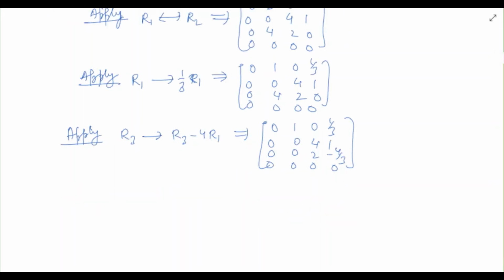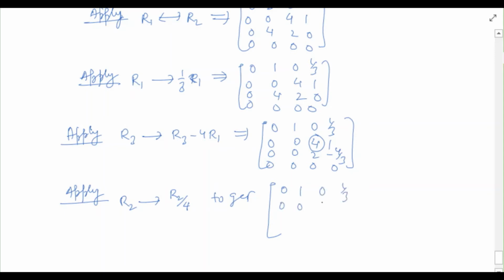Now we will focus on second row, and we see that the pivot element here is 4, so we apply R2 to R2 by 4 to get 0 1 0 1 by 3, 0 0 1 1 by 4, 0 0 2 minus 4 by 3, 0 0 0 0.